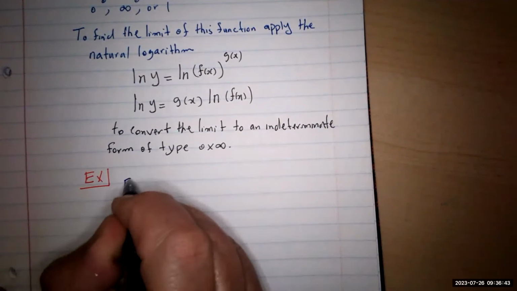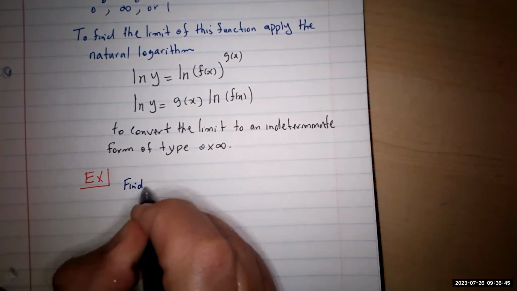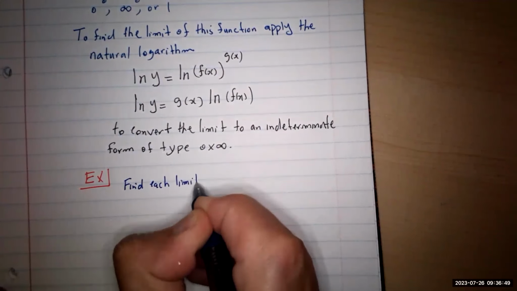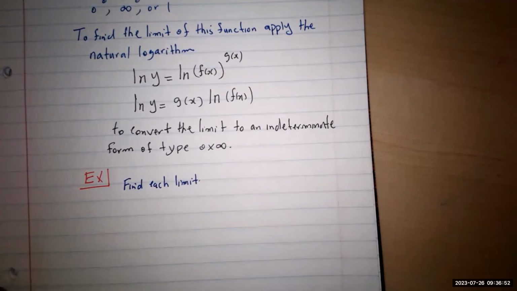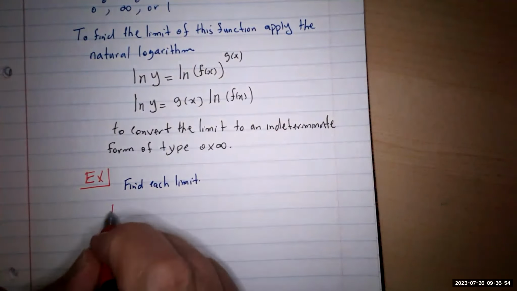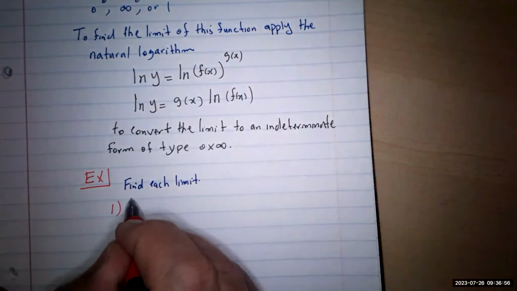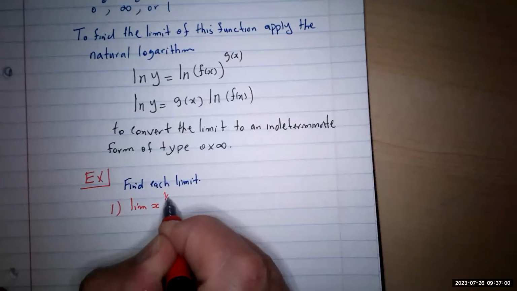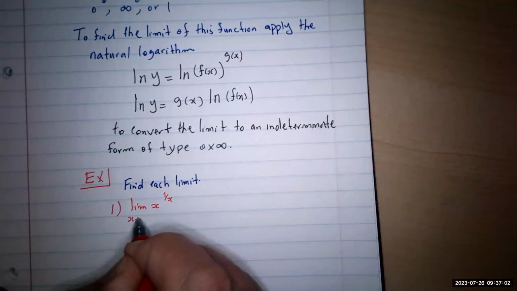Okay, find each limit. It's good to know these techniques. This is the first one. You want to find the limit of x raised to the 1 over x, as x goes to positive infinity.